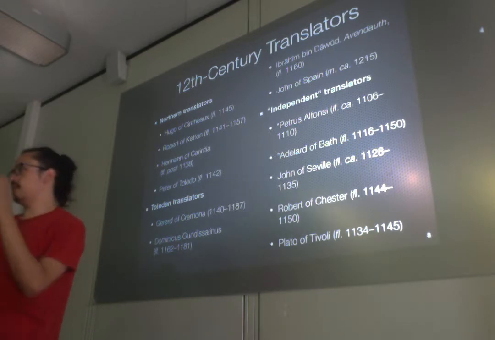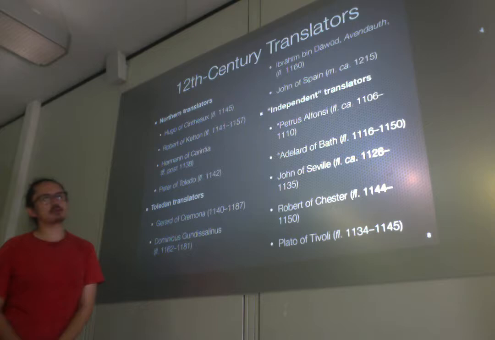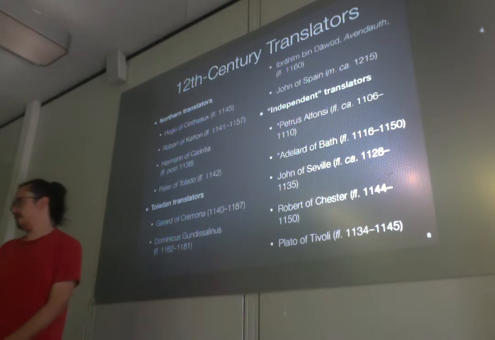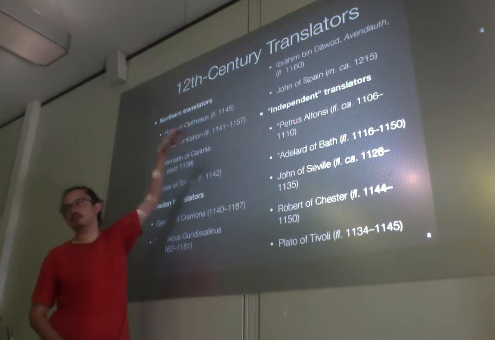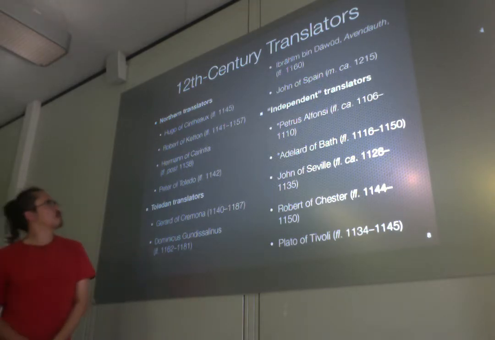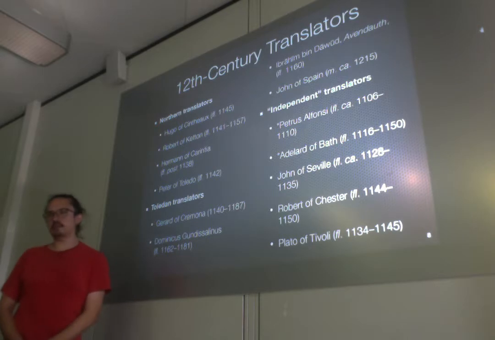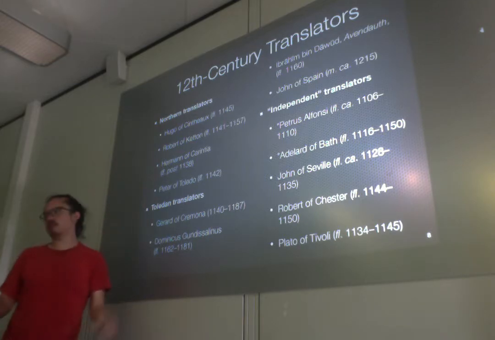But recently, Professor Julio César Santoyo has proposed that this Santeliensis has to do with the town of Sainte in Normandy. I think that he's quite right in his assessment. So this is the group of the northern translators.